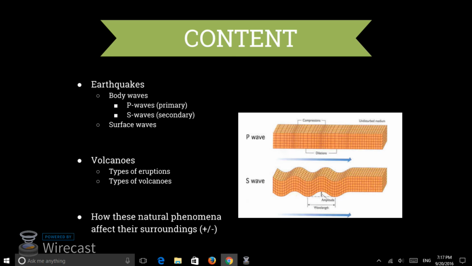There are three different types. They're the primary types, so study those and their characteristics.